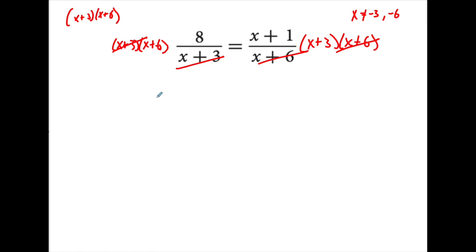Okay, so I'll distribute here, 8x plus 48, and I'll distribute here, x squared plus 4x plus 3. And now I'll combine like terms.